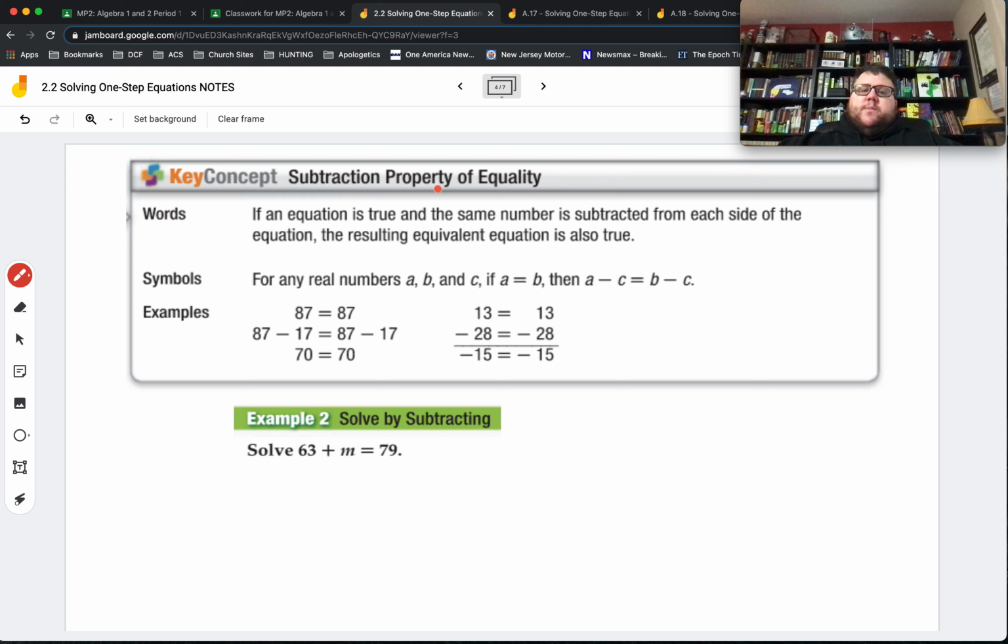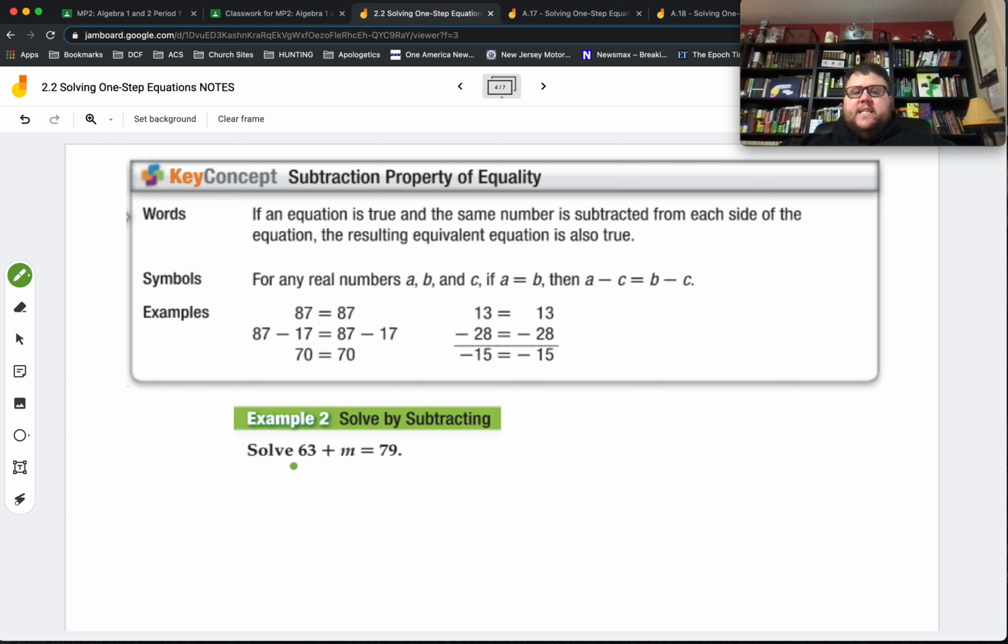Now we're going to have our subtraction property of equality, which is essentially the same thing, except it's subtraction instead of addition. See how I have 63 plus m equals 79. That's a positive 63. So in order to move that, I have to do the opposite.